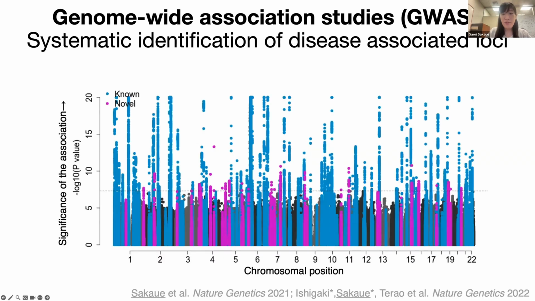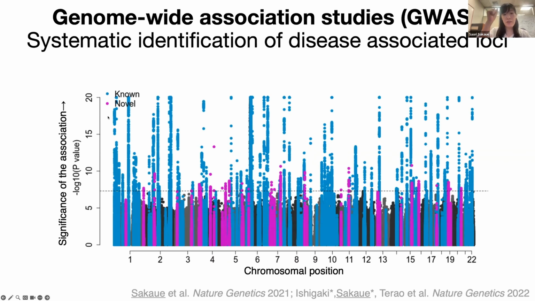And if you do this across the whole genome, we get this representative plot called a Manhattan plot, because there are many buildings across the genome. The x-axis is the chromosomal position from chromosome 1 to 22 and X, and each dot is a SNP or genetic variation, and the y-axis is the significance of the disease association with RA.